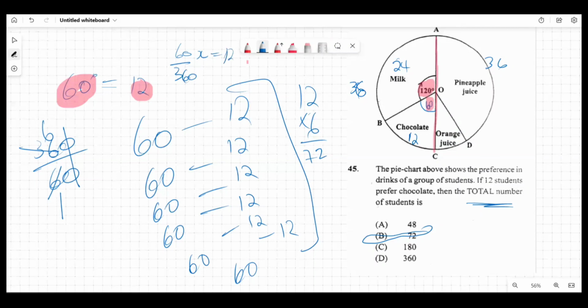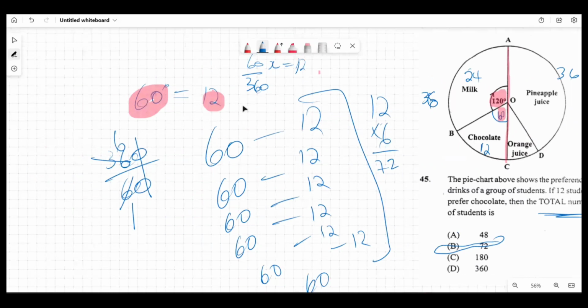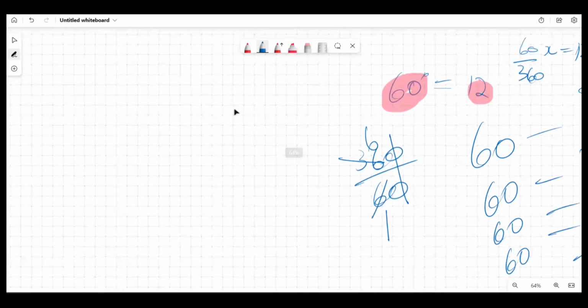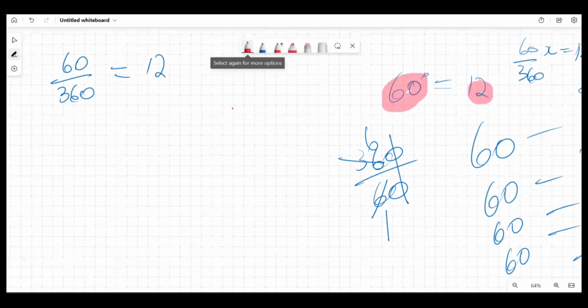Now, remember what I said to you recently: if I have the fraction of an idea, so the fraction is going to be 60 out of the 360, and I know what that fraction is equal to, if they want the total, I reciprocate. I said it earlier.